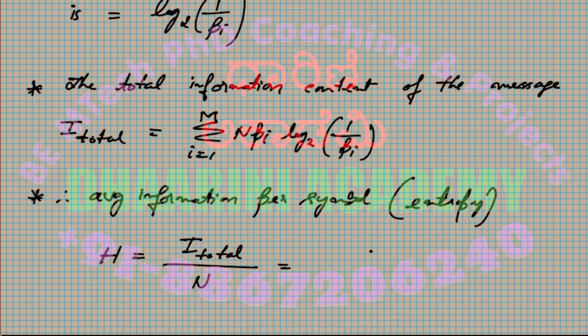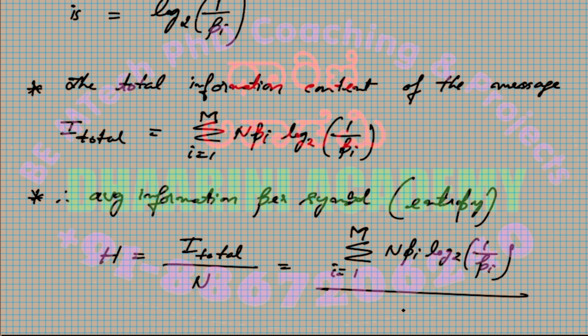So what I do, summation i is equal to 1 to m, n into Pi log to the base 2 of 1 by Pi, whole divided by, I'm going to divide that by n. So this n and n cancel out.